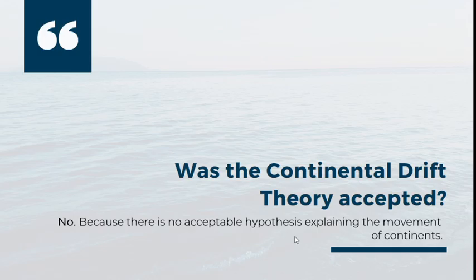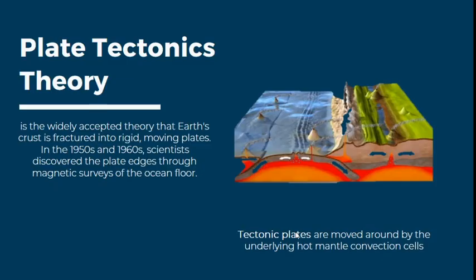Now, by combining the seafloor spreading theory with continental drift and information on global seismicity, the new theory of plate tectonics became a coherent theory to explain crustal movements. Hence, plate tectonics theory is the widely accepted theory that Earth's crust is fractured into rigid moving plates.